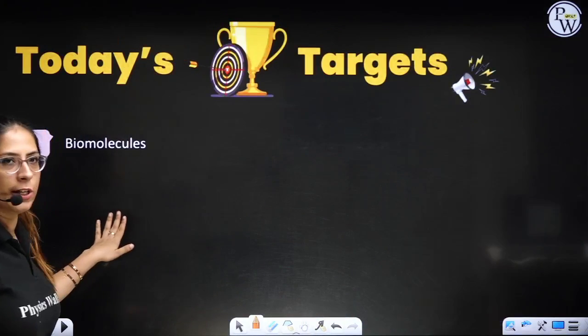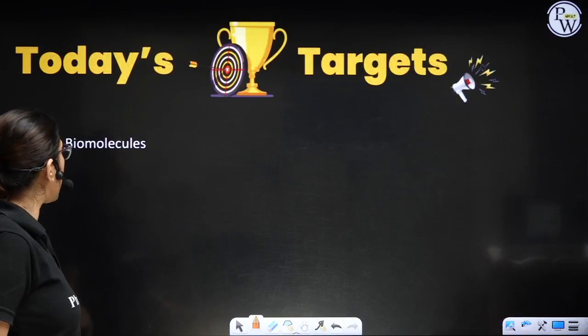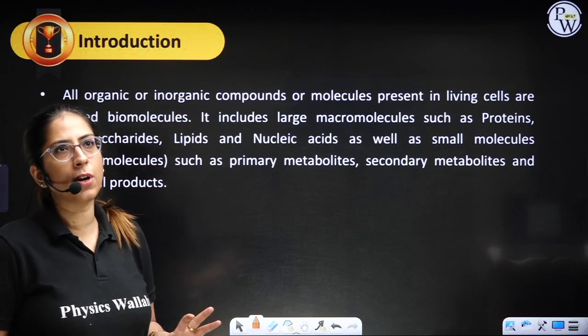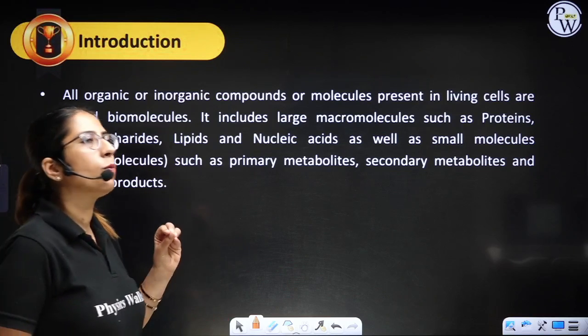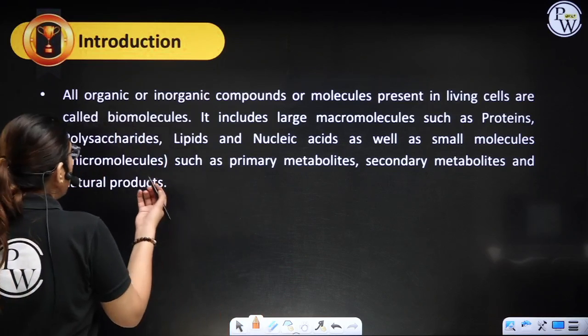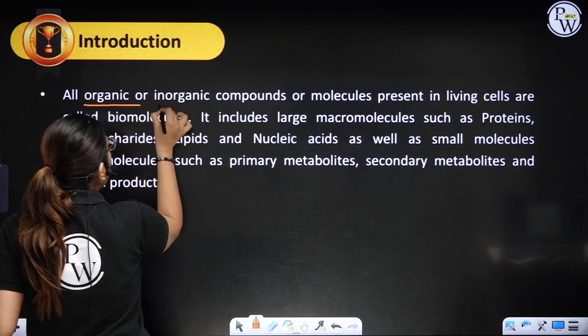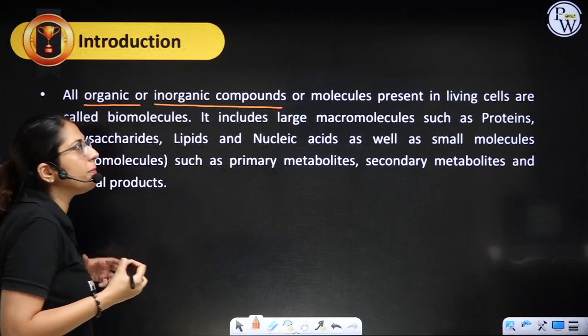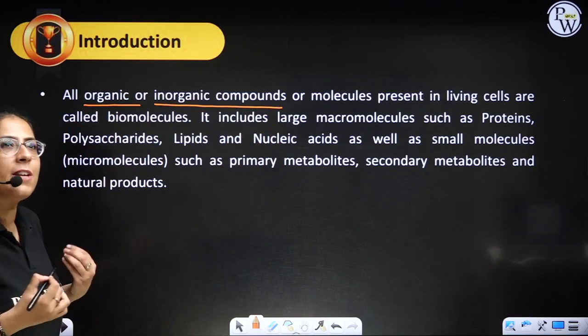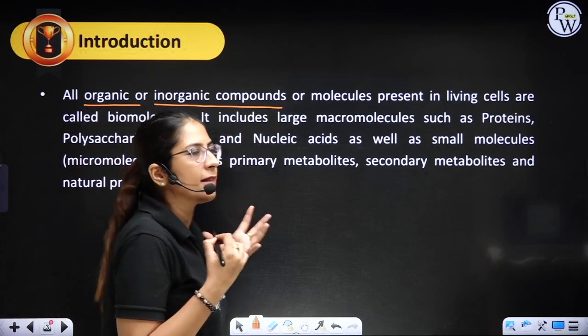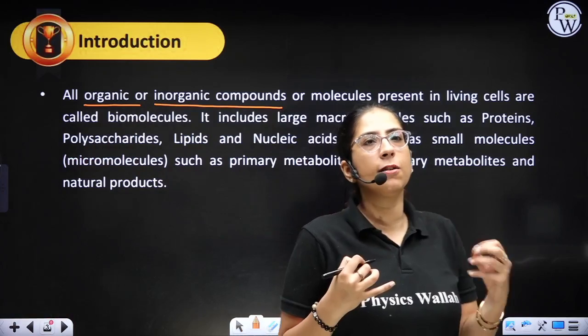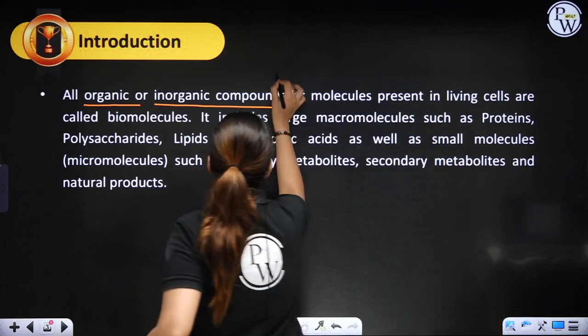So, biomolecules we will be discussing today, basically a whole chapter summary I'm going to give you. What actually are these biomolecules? They are organic or inorganic compounds, or maybe some molecules, which are present inside the living organism or the living cells. These are termed as biomolecules.